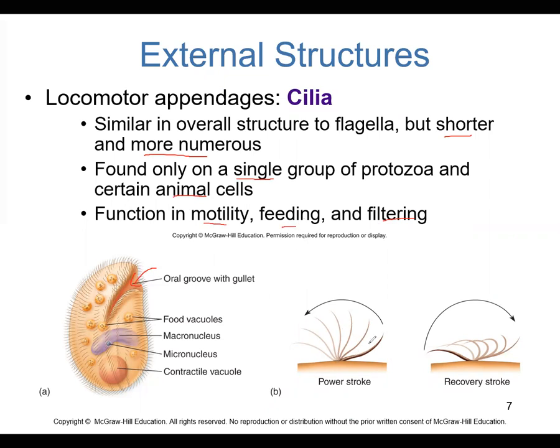They have the power stroke, which is where they're pushing back. And on the recovery stroke, they lay to the side and swing right next to the surface. And then they'll come over and go across, and then swing to the side and back across. And that's how cilia move. So it's a little different movement than flagella, but the purposes are very similar.